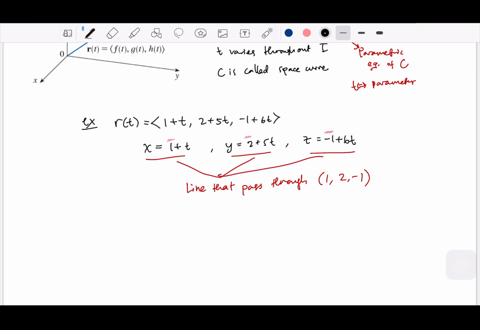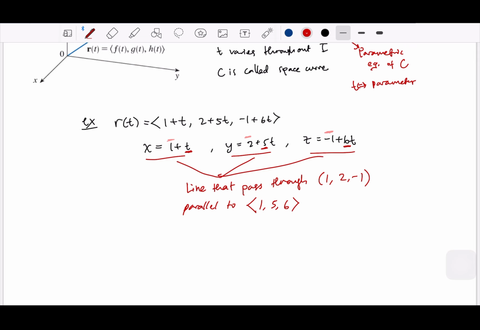That's the initial point or pass-through point. And the line is also parallel to the vector (1, 5, 6).